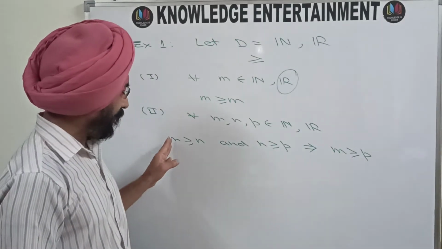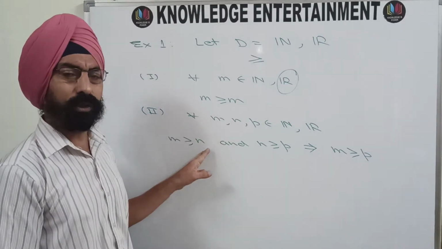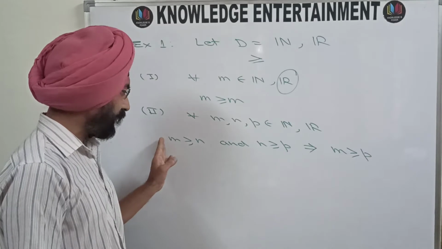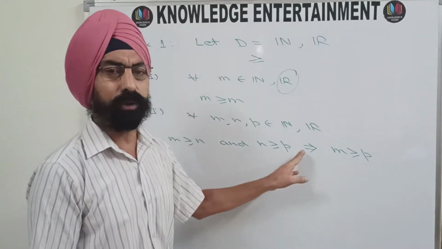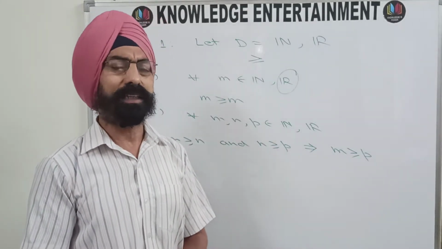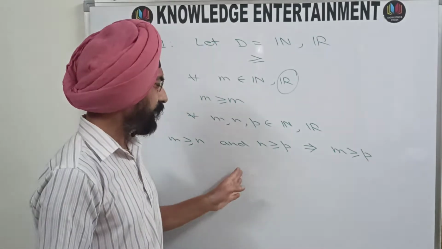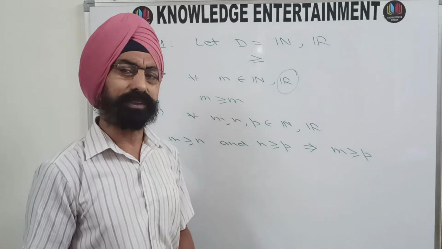If a natural number is greater than or equal to another natural number and this natural number is greater than or equal to another natural number, then the first natural number will definitely be greater than or equal to the last natural number. This is the transitivity of greater than or equal to in the usual sense. Similarly, for the set of real numbers.